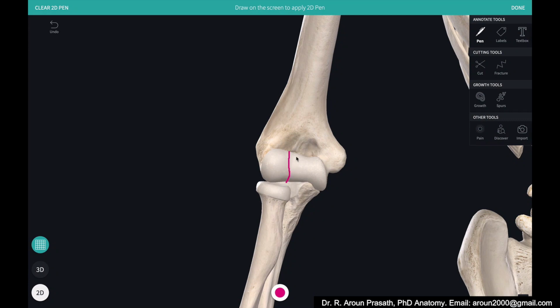This part is called the trochlea, and this part is called the capitulum. The trochlea is shaped like a pulley. A pulley, for example, is like a well with a wheel over it.